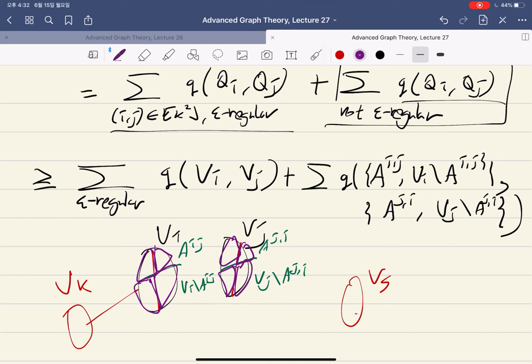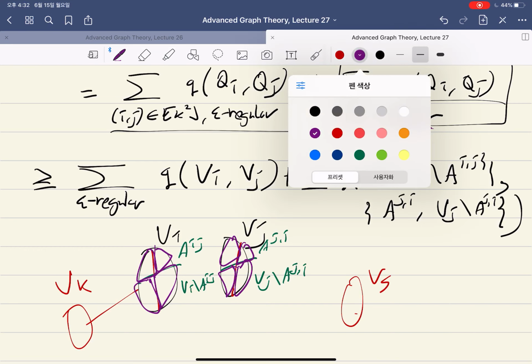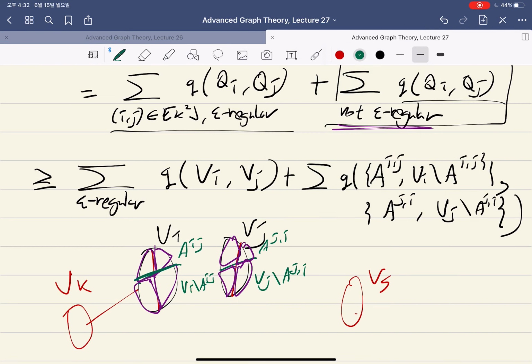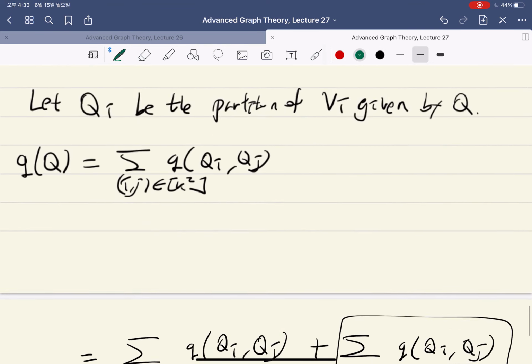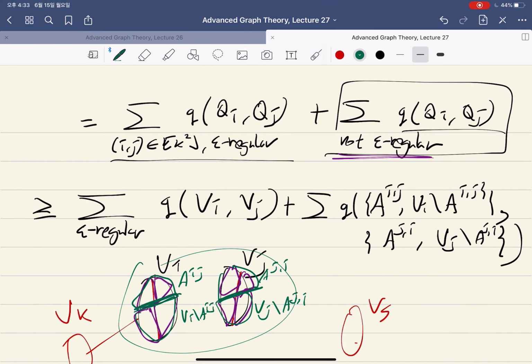But what we know is that because they are not epsilon regular, there was this green partition. And then this final partition is a refinement of this green partition. And we just showed that if one partition is a refinement of the other, then the refinement has at least as large energy as the original one.